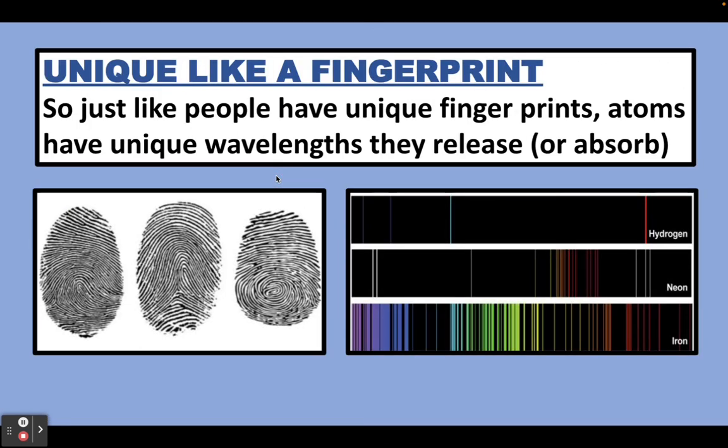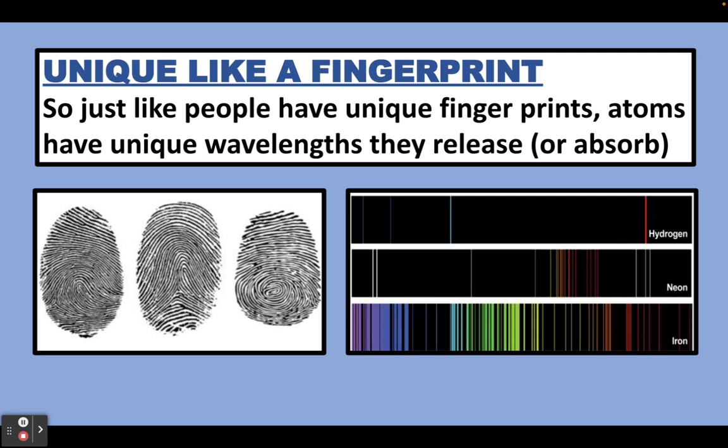And so what happens when these electrons release the light? Well, different elements have different numbers of electrons, and those electrons are filling in different energy levels. The thing we have to understand is that every time you put an additional electron into an atom, that additional electron causes the energy levels to change a little bit.